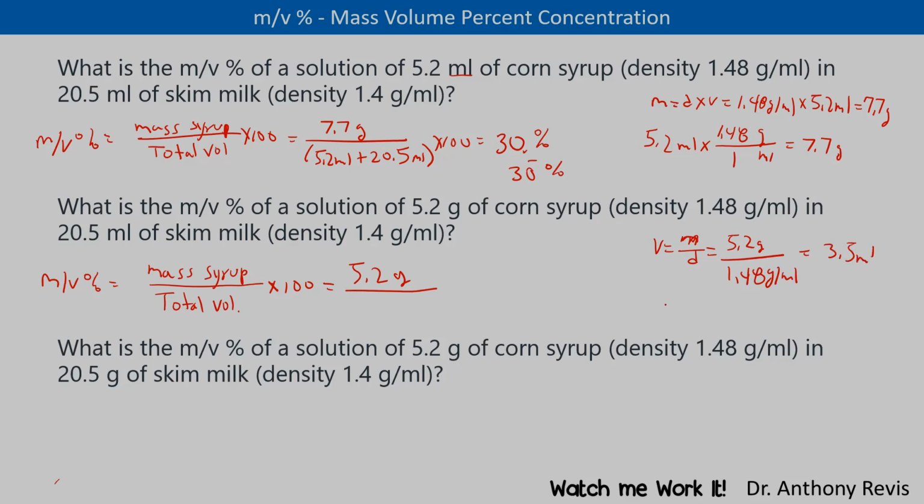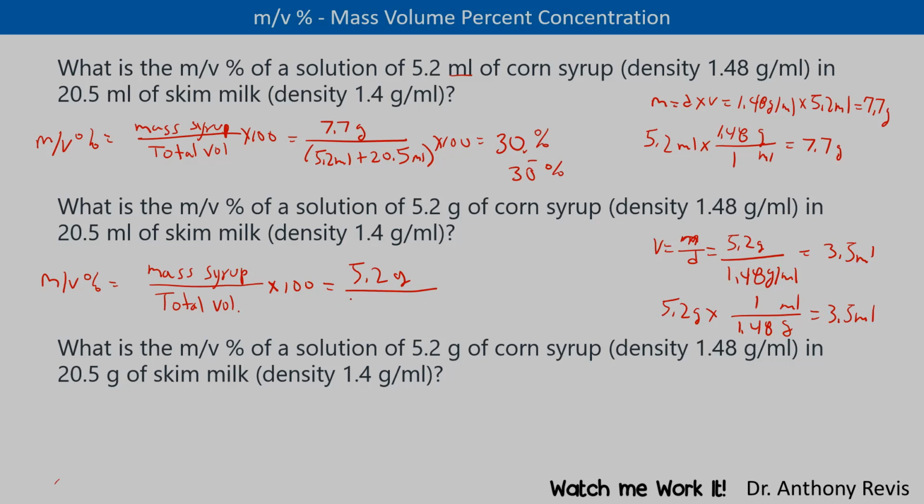Alternatively, we can do this by dimensional analysis: 5.2 grams times mL on the top, grams on the bottom, 1 mL per every 1.48 grams. That will give me 3.5 mL, and this value gives us the mL of the corn syrup.